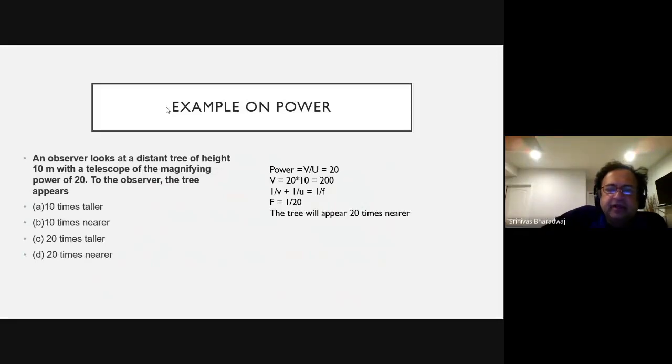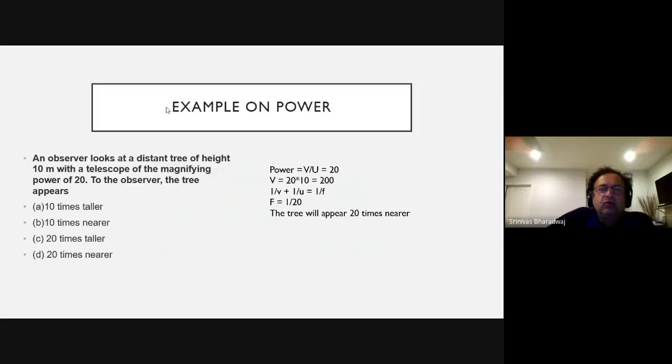If u is 10, then 1 by 10 equals 1 by 20 plus 1 by v. So when you subtract, you end up with 1 by 10 minus 1 by 20, which is also 1 by 20.